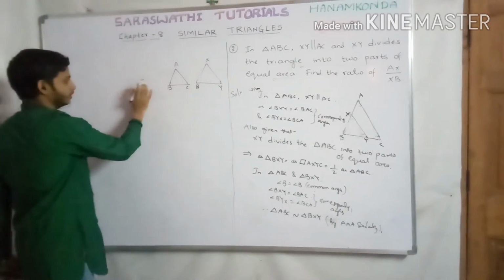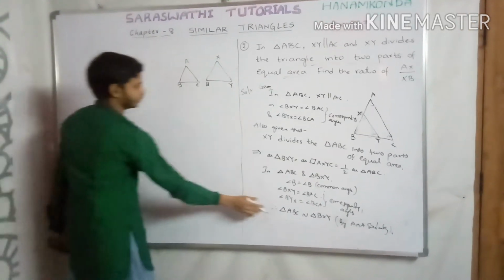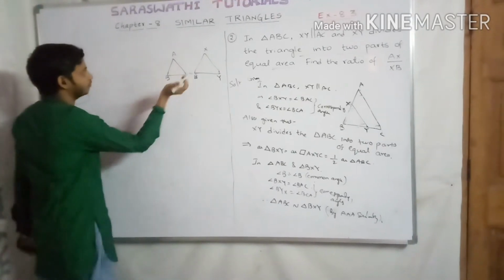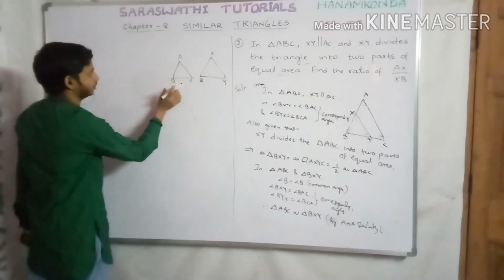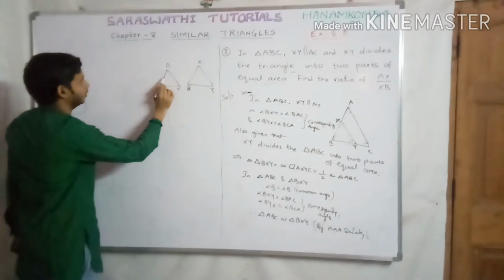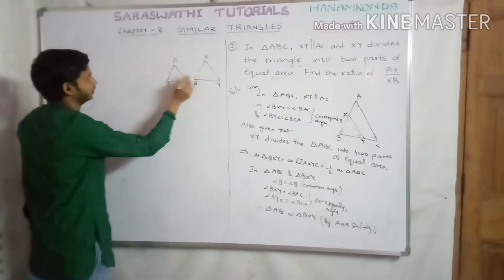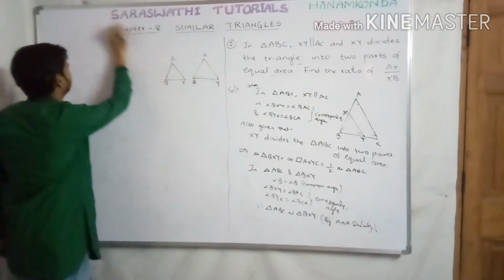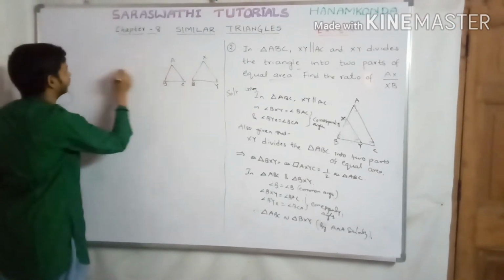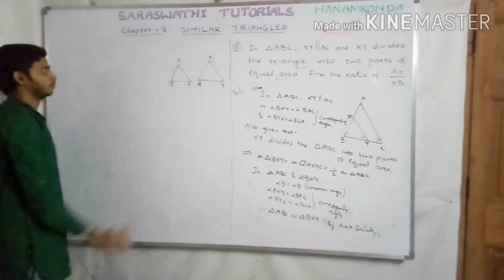Since these two triangles are similar, the ratio of their corresponding sides is always equal. So AB by XB equals the same ratio. Now we consider the ratio of areas of similar triangles.